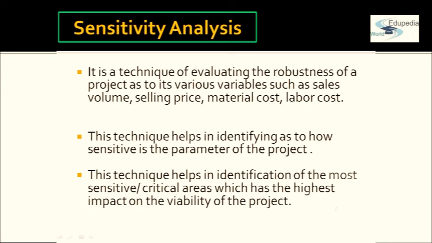Now what does it indicate? If, let's say, the cost rises by up to 17,605, it is bearable for a company because the company is still in profit. But when the cost exceeds 17,605, which is the NPV of the project, the company will start incurring a loss in that project.